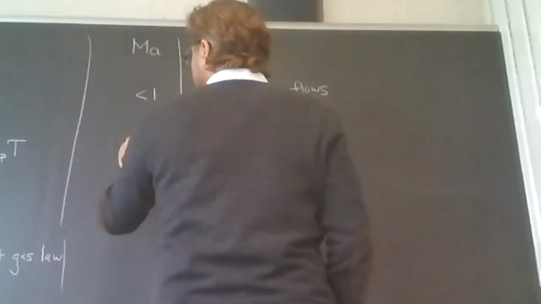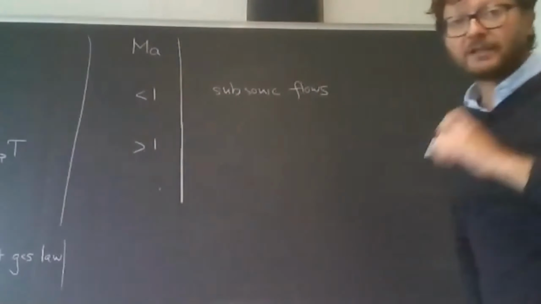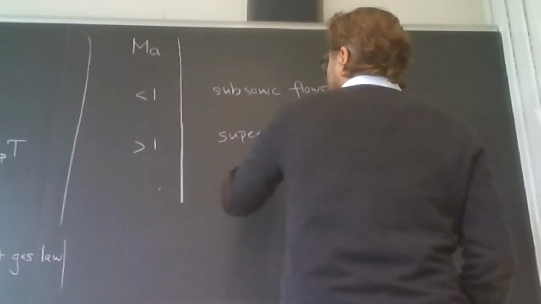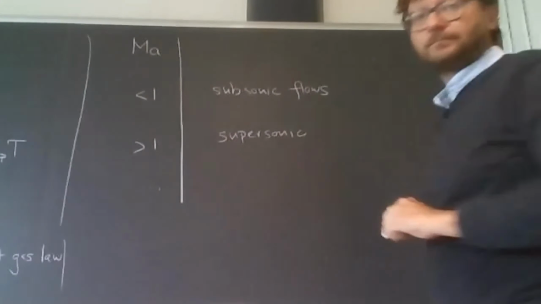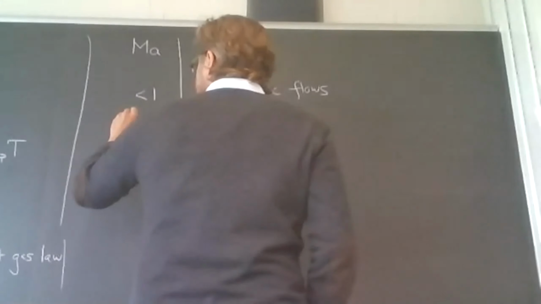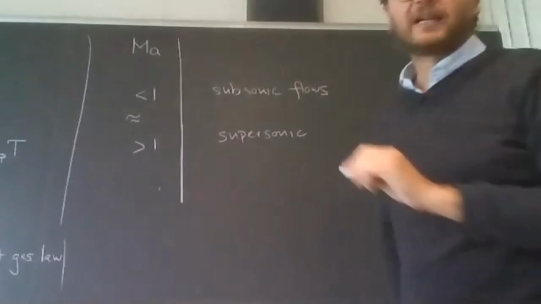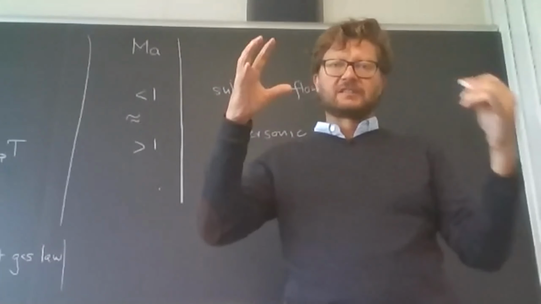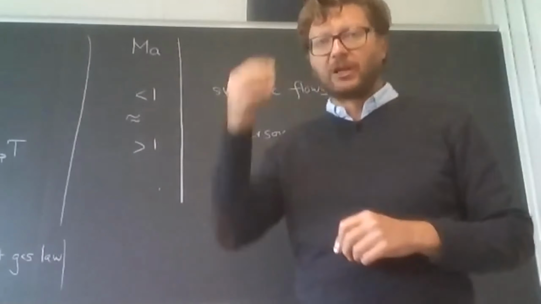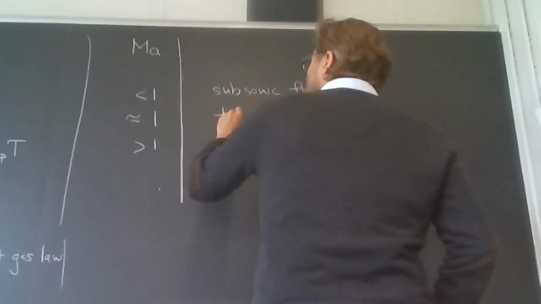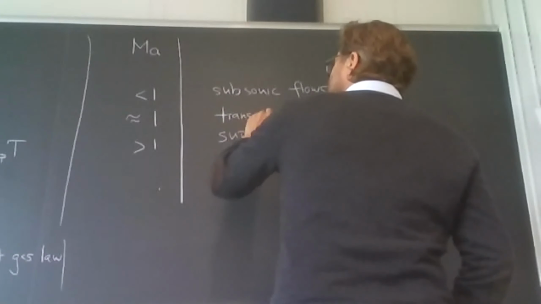If it becomes larger than 1, we're talking about supersonic. I'm sure you have heard these terms before. If it is at 1, or let's say close to 1, because in reality, if something is close to 1, there will be regions where it's slightly above and regions where it's slightly below. So if it's somewhere around 1, we're typically talking about transonic flows.